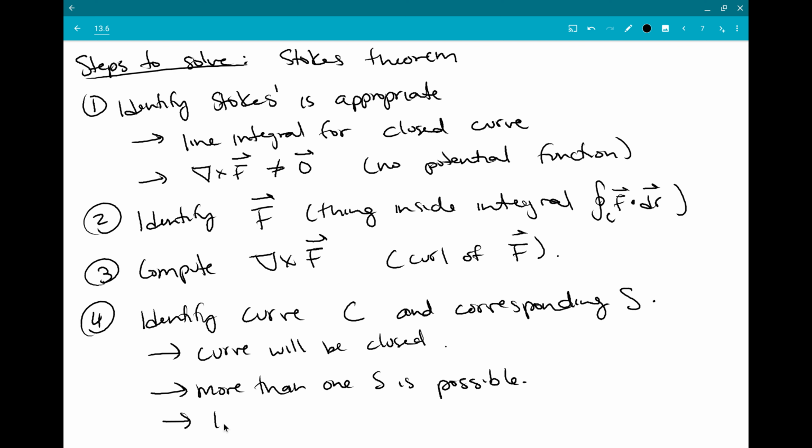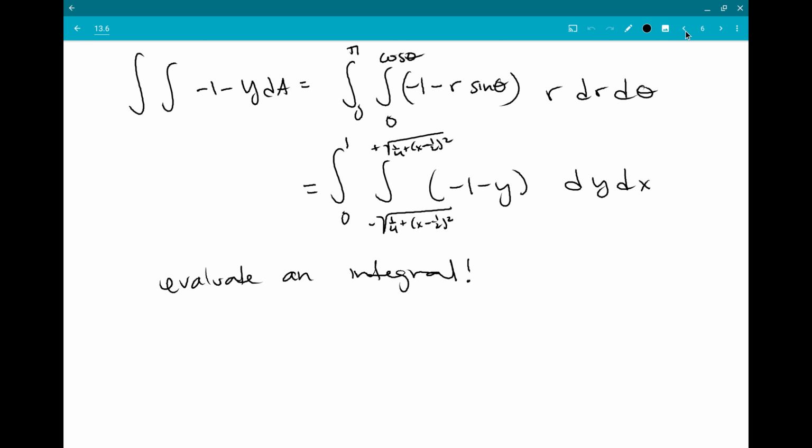So my advice here would be to look for simple shapes or functions z equal to a bunch of stuff.